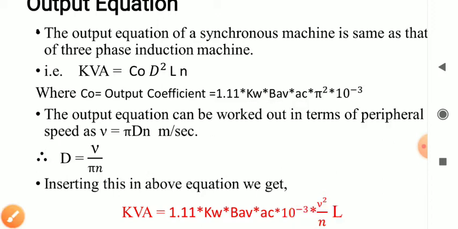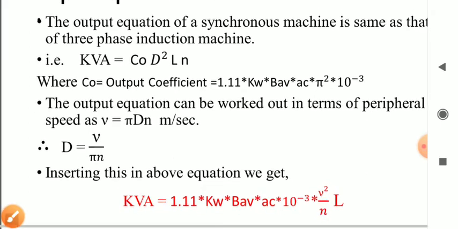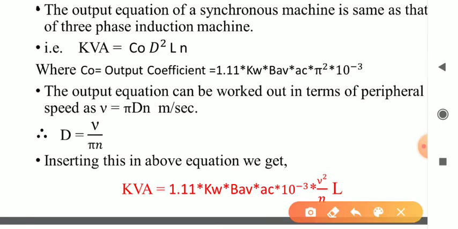So the equation of the kVA becomes kVA equals 1.11 Kw Bav ac into 10 to the power minus 3 into V square L N divided by N. So in terms of the peripheral speed, the output equation of the synchronous machine can be written like this also.